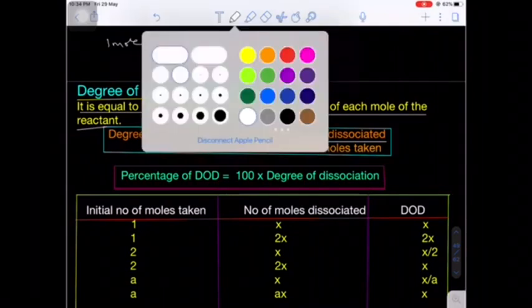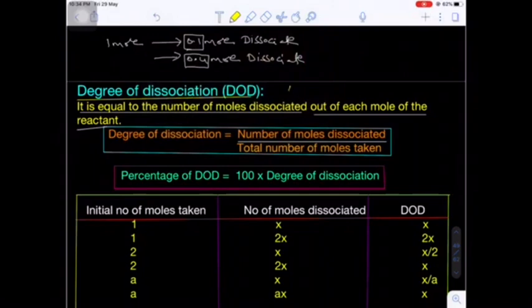Now the degree of dissociation is generally represented by the Greek letter alpha, but it is not always so. It may be represented by some other letter, X, Y, Z, P, Q, whatever the letter. Now how to find the degree of dissociation? DOD is equal to the number of moles dissociated divided by the number of moles initially taken.